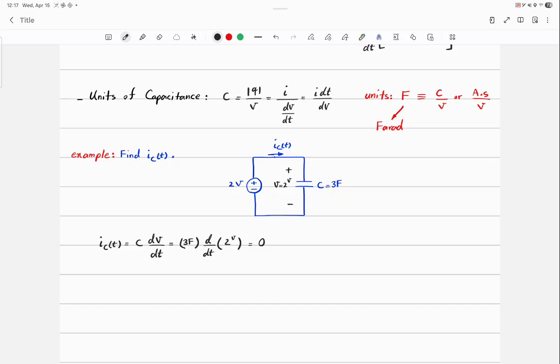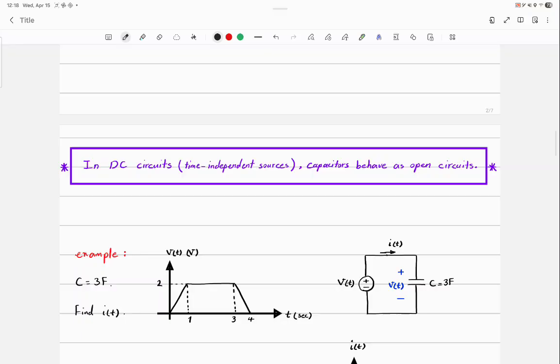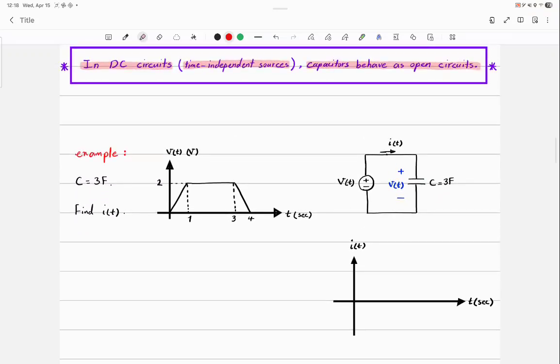How do you go from this to capacitor being open? It's obvious. What is the current value? 0. In a DC circuit, the current passing through the capacitor is 0. What does it mean when the current is 0? It's open. Okay? So, in DC circuits, or with time-independent sources, capacitors behave as open circuits. Any problem?